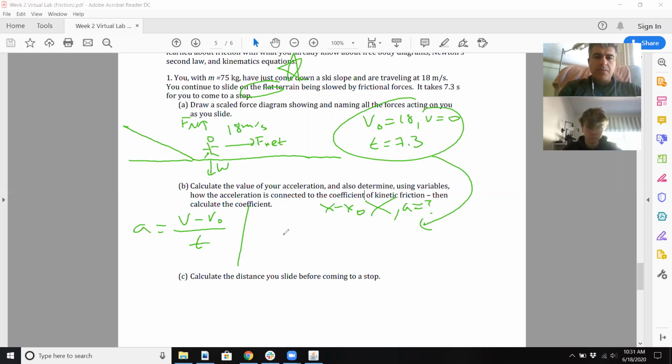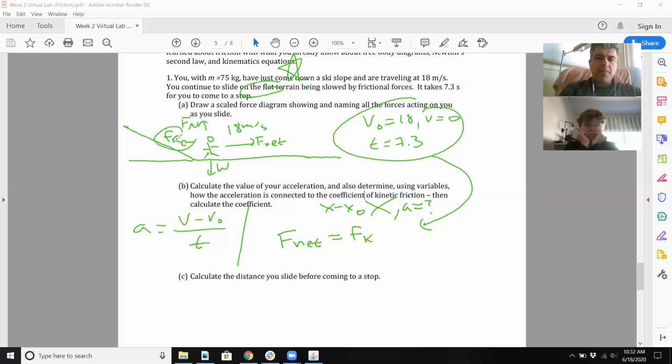So once you get your acceleration, you see that also, FK.